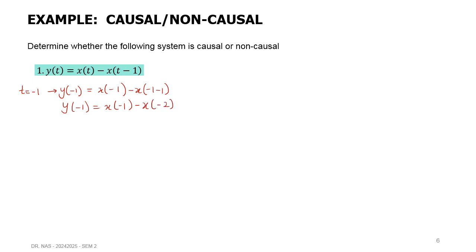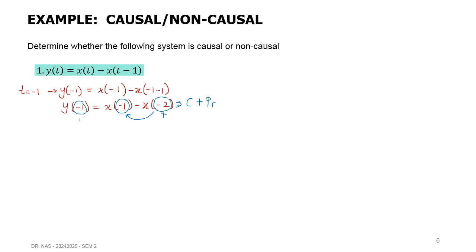Okay, so when you compare the states, the output having -1 state is your current state. Your input point also having -1, so it's the same state. And then you have -2, which is smaller than -1. So in this case, you have the current state, and then you also have the previous state.